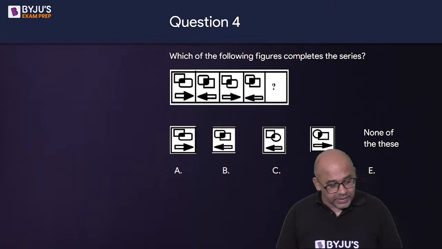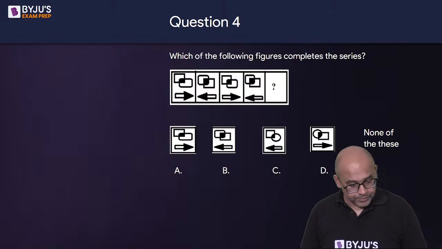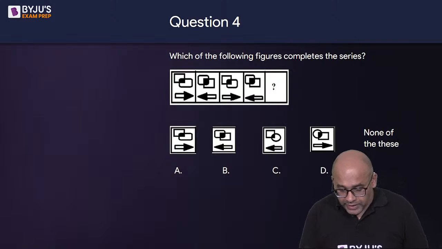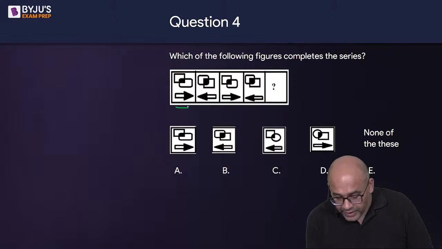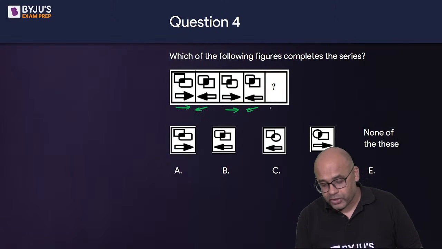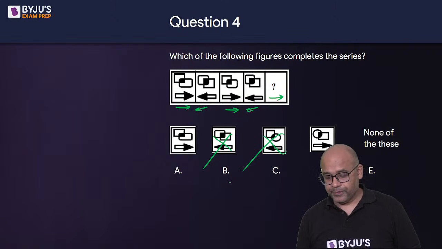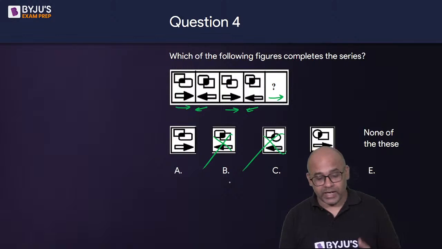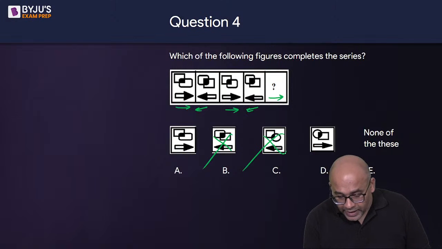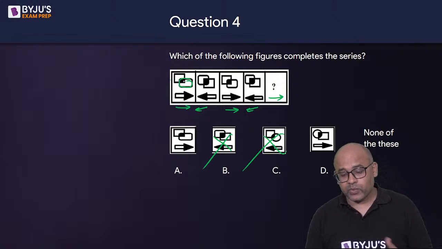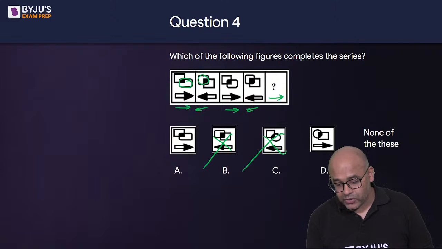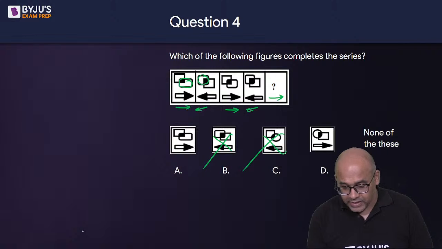Okay, so what is the answer here? Let's take a look at what is happening. We have a right arrow, left arrow, right arrow, left arrow. By that logic, I should have a right arrow, which means this is wrong and this is wrong. Now between A and D, what is the correct answer? Look at it. I have a square and a rectangle.